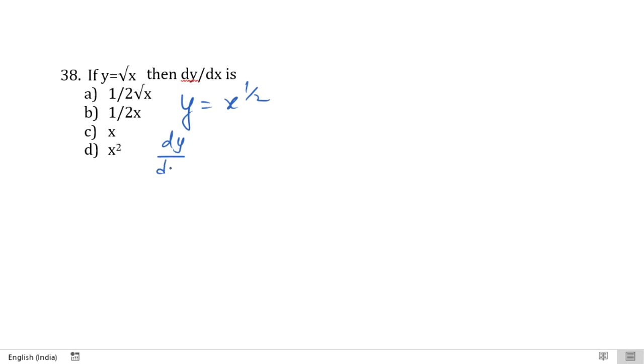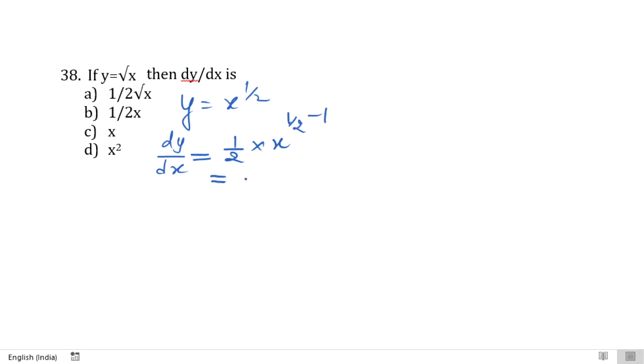So dy by dx is equal to half into x to the power half minus 1.